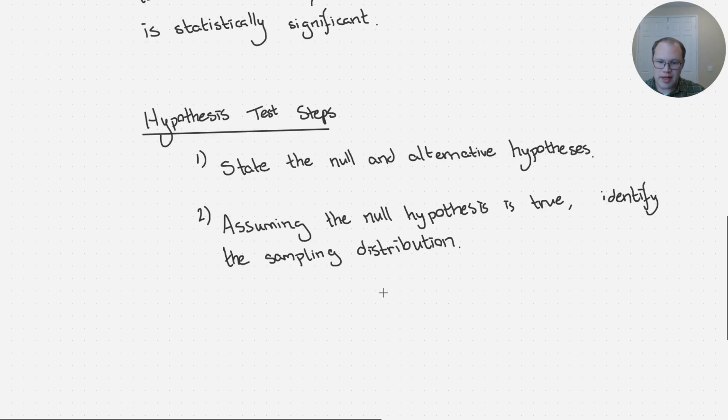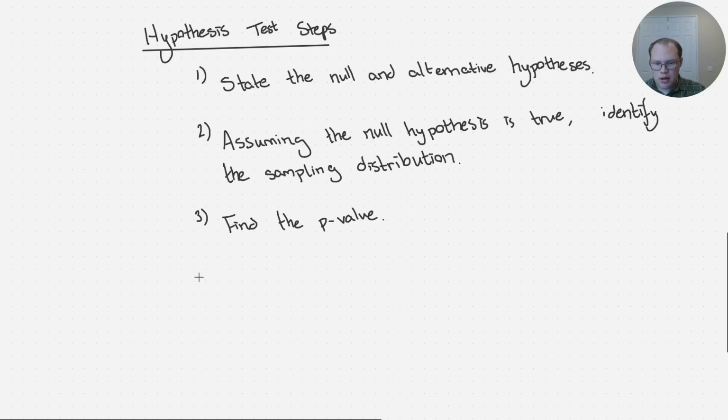Okay? Once we've identified that sampling distribution and calculated the test statistic, we can find the p-value. In this case, we have a not equal to symbol for the alternative hypothesis. So when we're testing the correlation coefficient, to find the p-value, we'll always do a two-tailed test. And finally, step 4, we have to make a conclusion. Draw a conclusion.